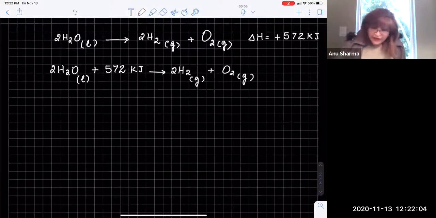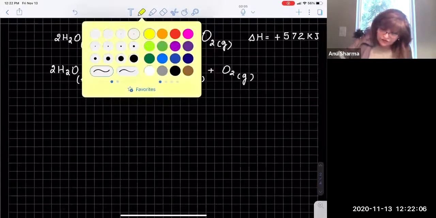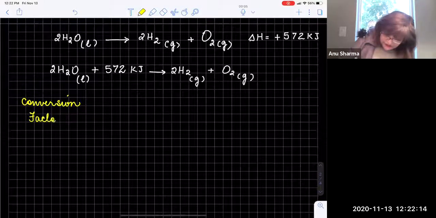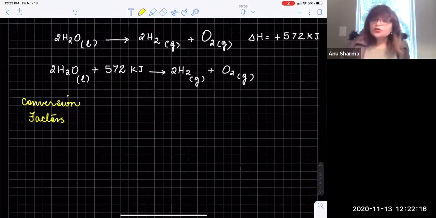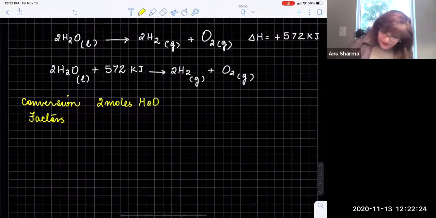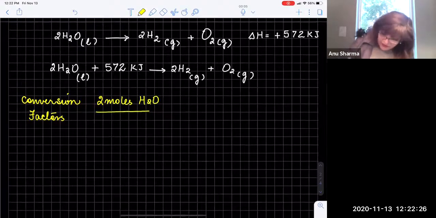First of all, let's write down the conversion factors. Here are your conversion factors, or mole to heat factors. So that is 2 moles of water need 572 kilojoules of heat.